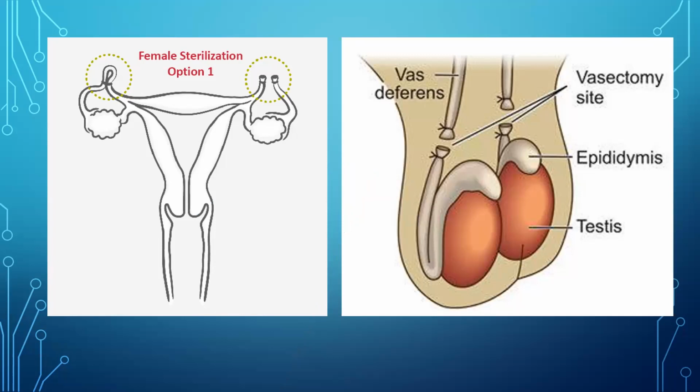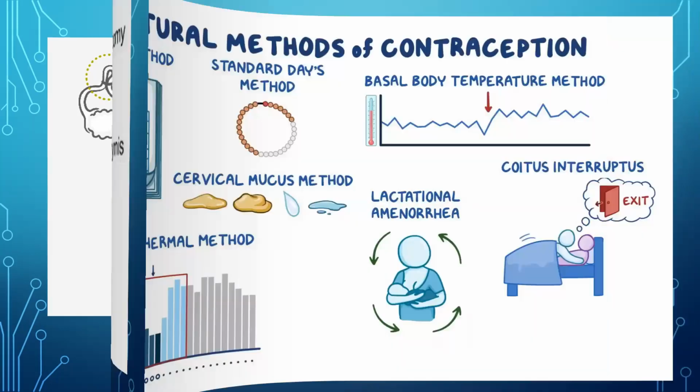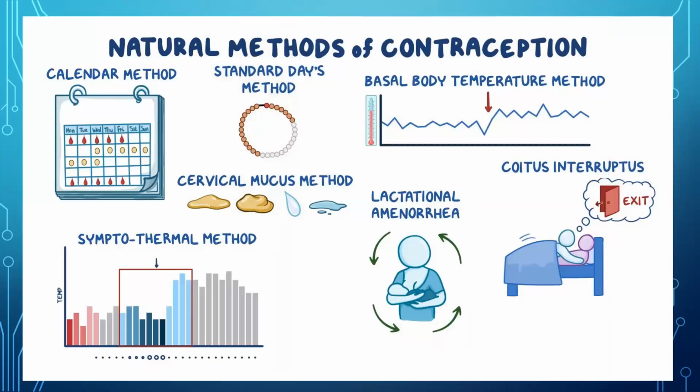You can see the site where the tubes are cut or the vas deferens is cut. Usually they will ask you the indication for sterilization, the failure rate, and the complications after doing these surgeries. All these questions will be asked on permanent methods.